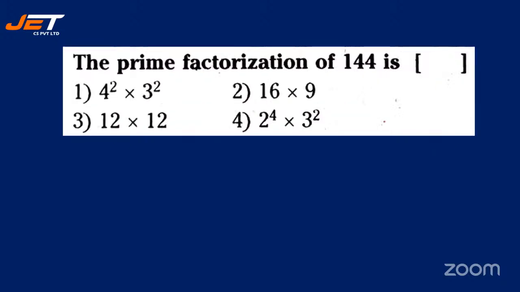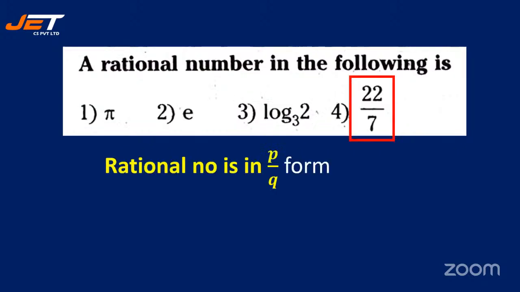The prime factorization of 144 is... No, Anjali. This is where students are going wrong. In the previous case, pi value is not 22 by 7. Pi is not equal to 22 by 7. It is approximately equal to 22 by 7. Pi is non-terminating, 3.14 and so on.